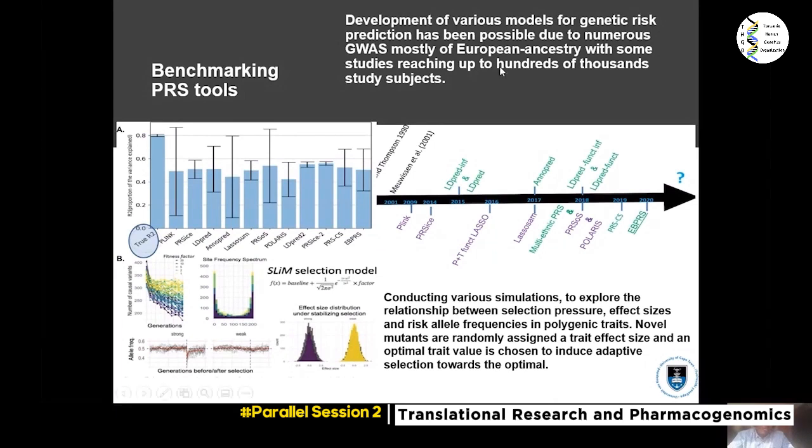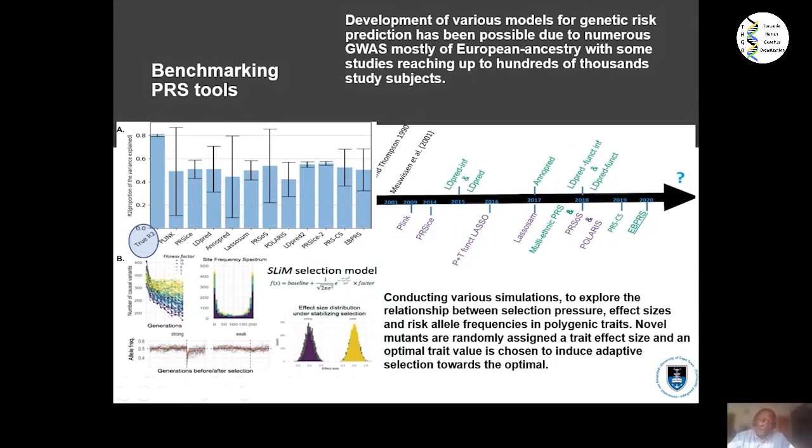We can see over here that most of those tools have a similar magnitude of predictive power, or variance explained, and all of them are far from reaching the true simulated predictive power. That means something is missing in current tools to improve PRS predictive power in African populations.